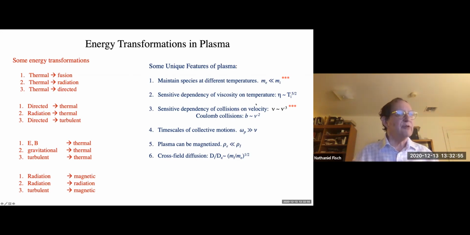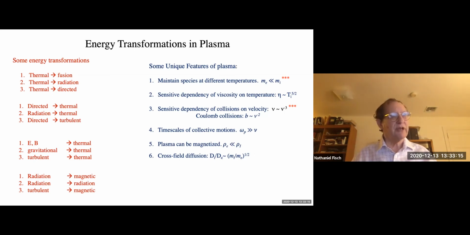I've highlighted 2. In an electron-ion plasma, the electrons have a much smaller mass than the ions, and that's really something special in plasma. It's also the case in plasma that instead of having hard sphere collisions, you have Coulomb collisions.